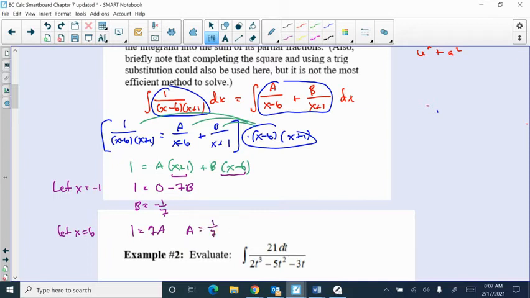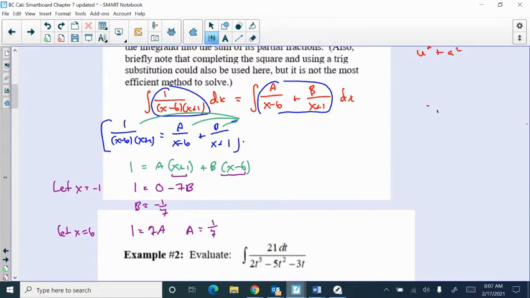Now, we sort of saw this in the logistic equations, that often they are opposites of each other. Not always, but often. And so now I'm going to integrate, so let's erase this here.